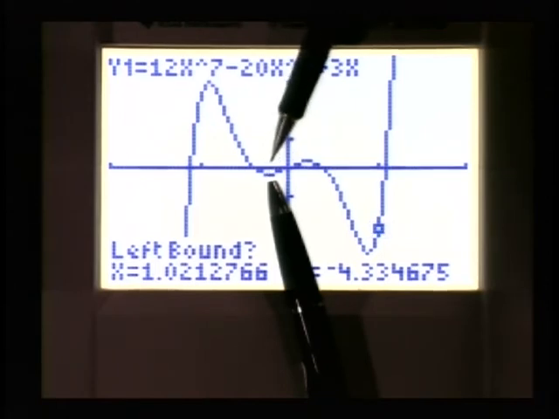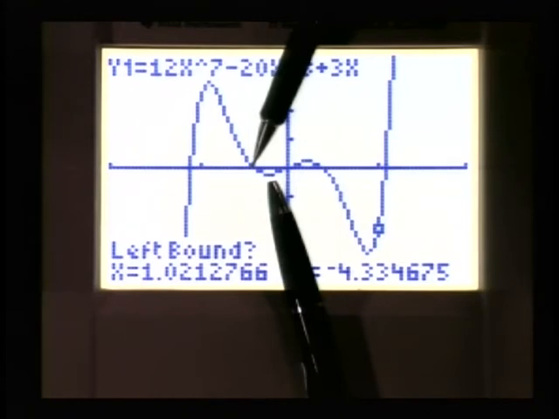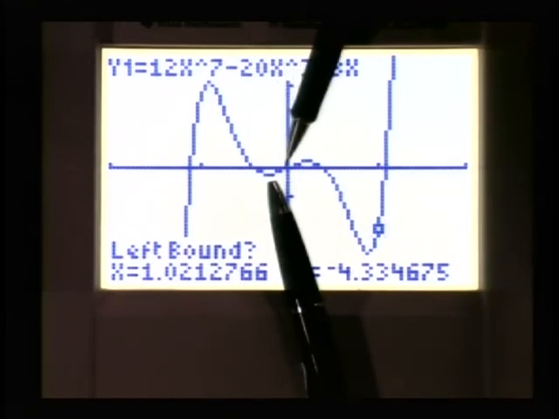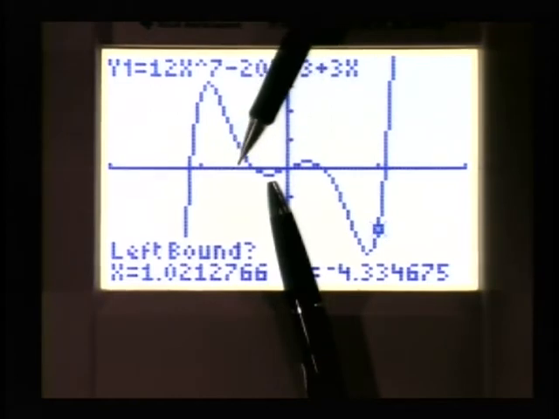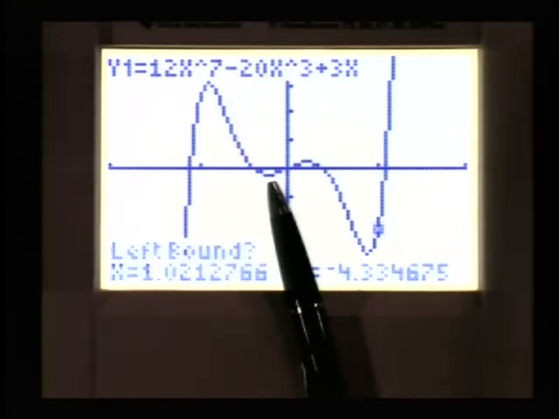So we want to get a value that's a little bit to the left, and then it's going to ask us for a right bound, and we're going to pick a number a little bit to the right. Not too far, though. Okay, so we're going to do left bound first. What would you guess? -0.5. Okay, -0.5 would be about where the pencil point is. So I'm going to pick -0.5.